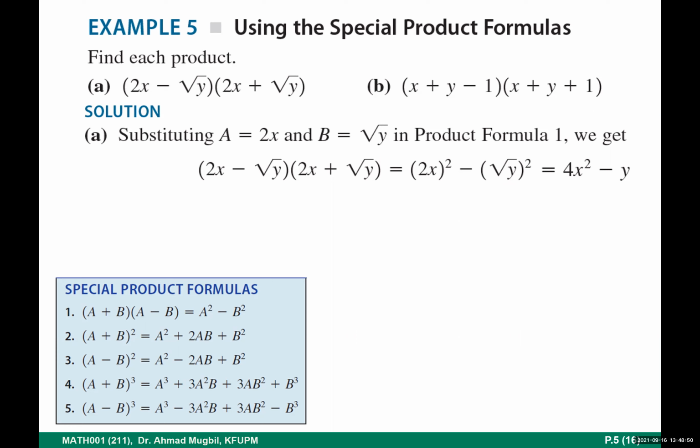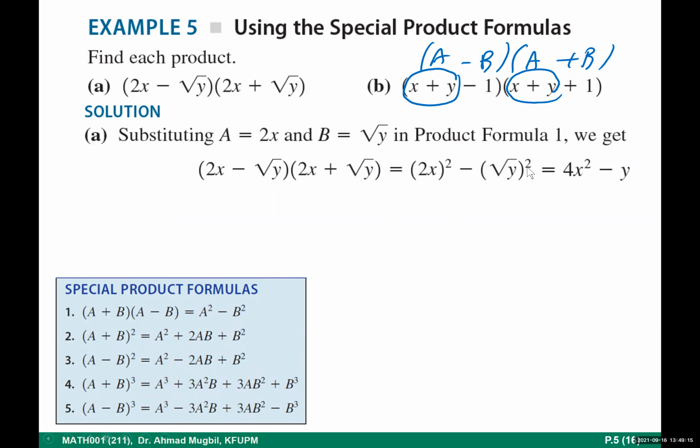Instead of A, we can use any algebraic expression, and instead of B, we can use any algebraic expression. Indeed, we can use formula number 1 here. What is A? This is A, and this is B. We can use it.